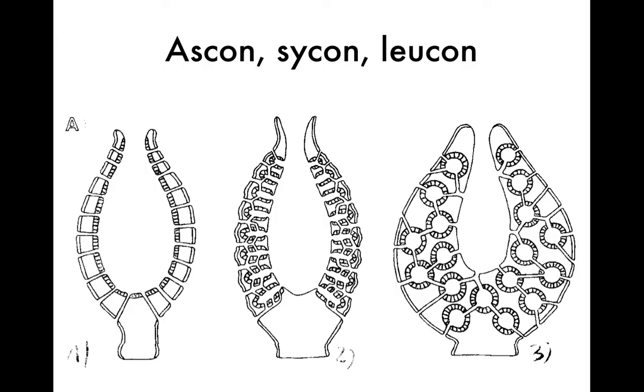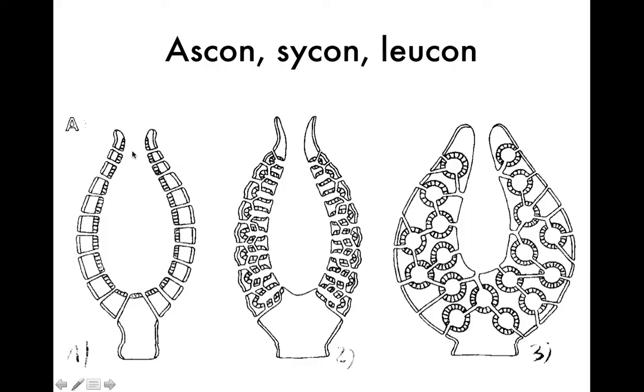All right, we've got three sort of generic terms for the body plans of sponges. And these are not taxonomic groupings. It's just a description of the way that the sponges are constructed. And they go from the simplest to the most complex. So ascon sponges, or asconoid sponges, are the simplest. This is an ascon sponge. Syconoid sponges are a bit more complicated.